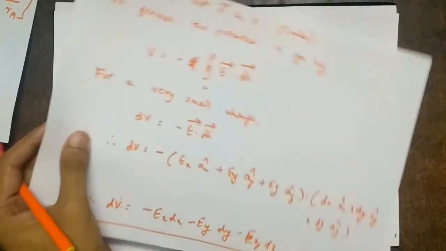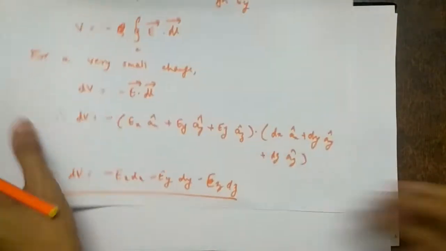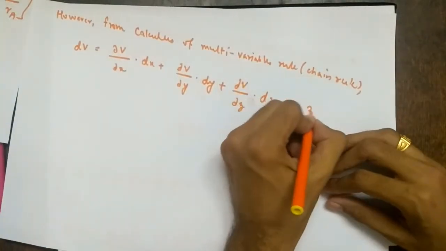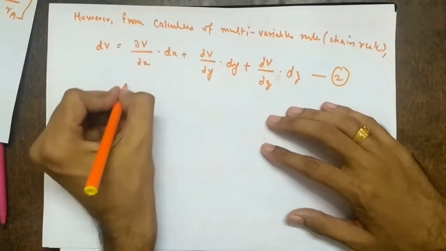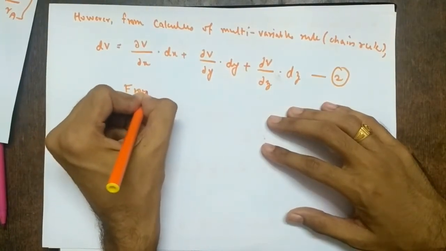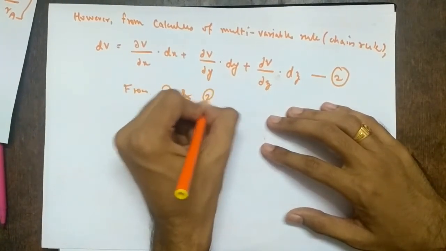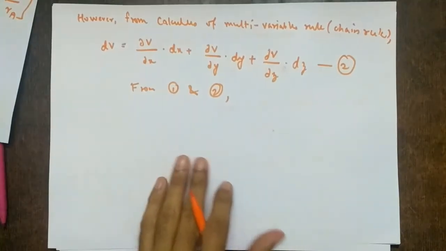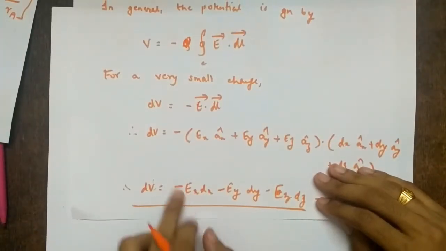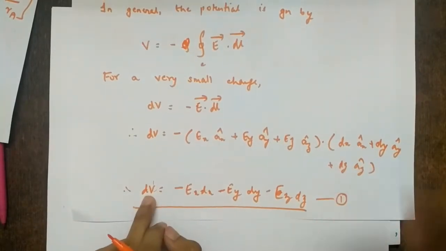So let's say this is equation 1, this is equation 2. So from 1 and 2, what can we say? Just think over it. When I get dV, this is dV and this is dx, right?